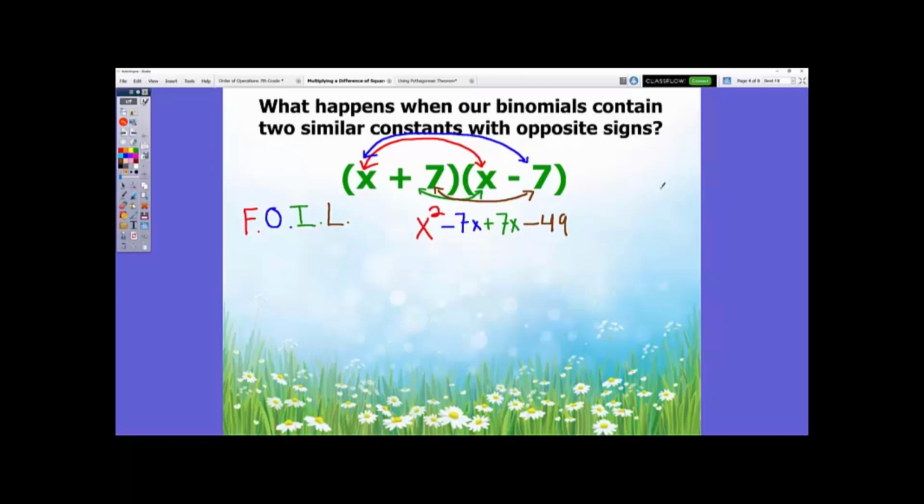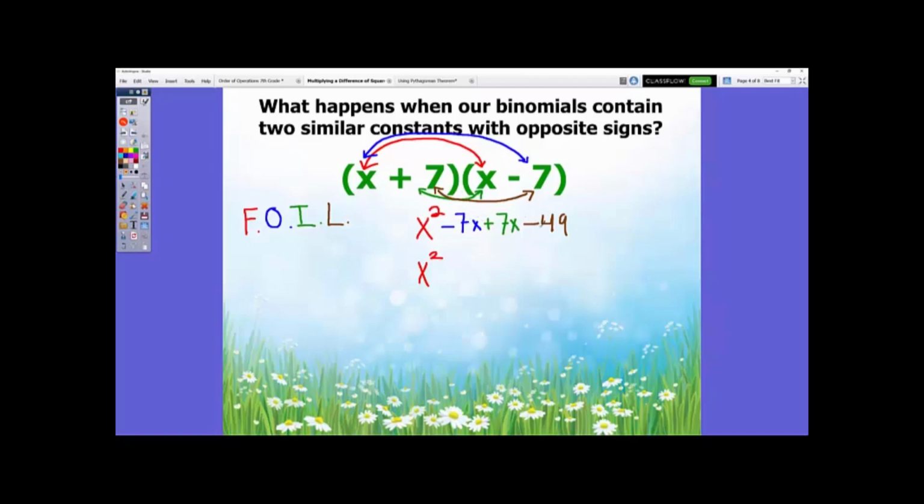Nothing new so far until right now, when we combine our two terms with the variable to the power of 1. What's going to happen? It's the same thing that always happens when you combine two of the same term with opposite signs. -7 combined with +7 equals 0.